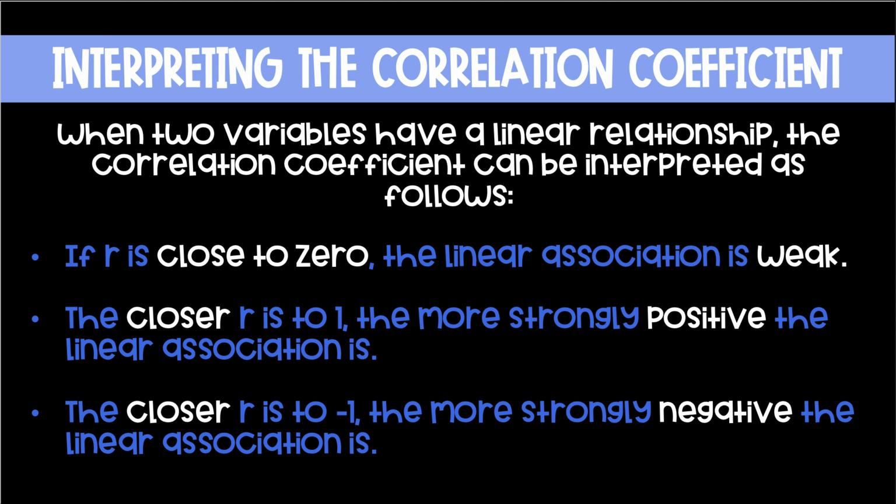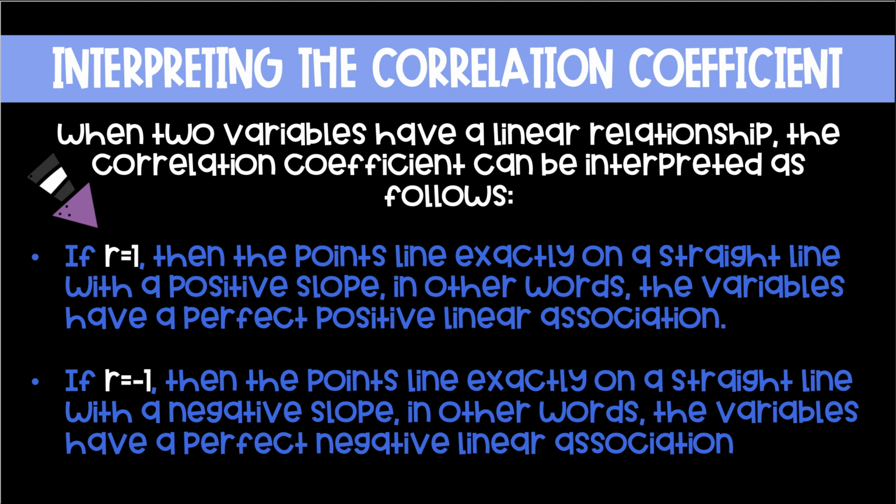Now, in the case you end up having exactly 1 or exactly negative 1 as your correlation coefficient, then the points lie exactly on a straight line with either a positive or negative slope. And the variables have a perfect linear association. Positive if your correlation coefficient is 1, or negative if your correlation coefficient is equal to -1.